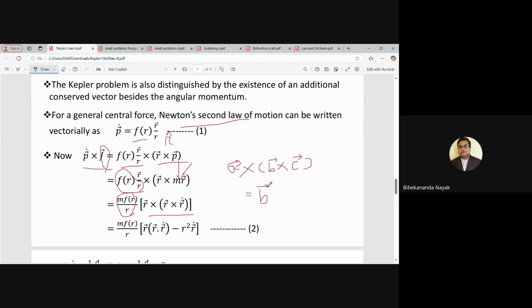Because a cross product is a vector, B cross C is a vector, and it is again crossed with another vector, so the result is a vector.